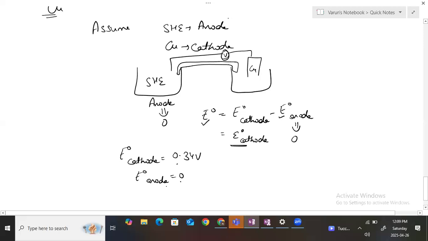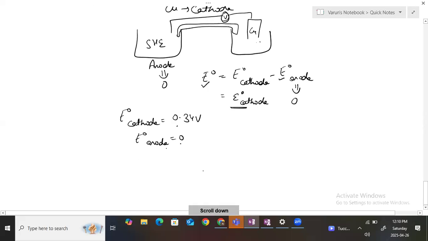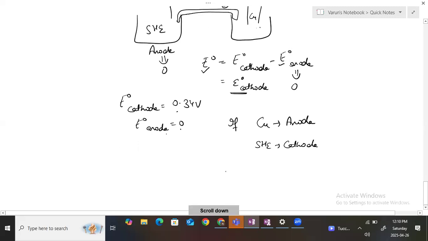So it means that in this case copper will work as cathode and SHE as anode. If I take the vice versa, like if I took copper as anode and SHE as cathode, can I take this? Yes, because it is just for the assumption.